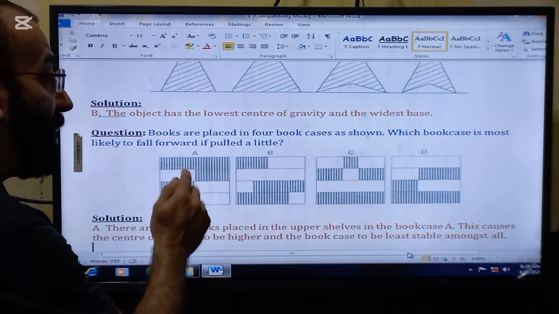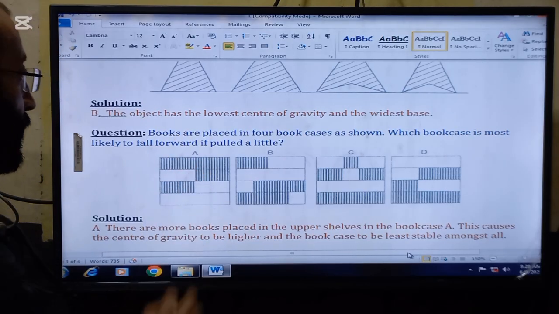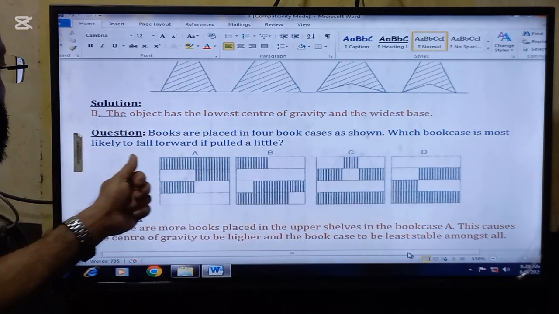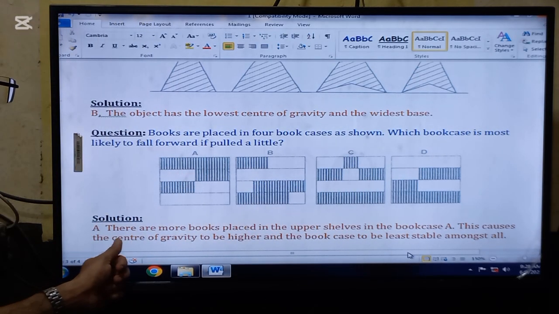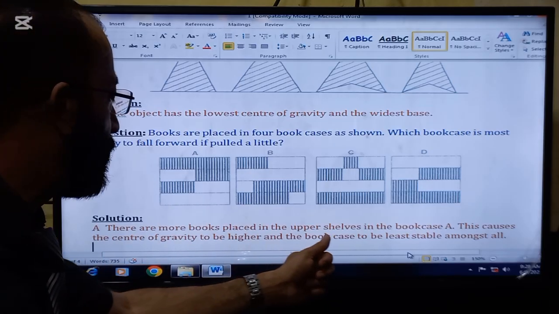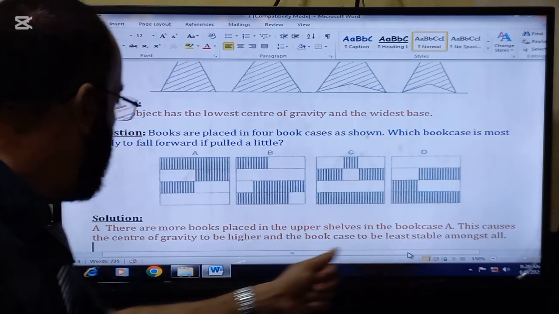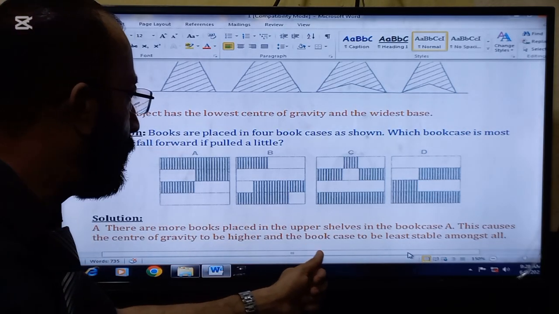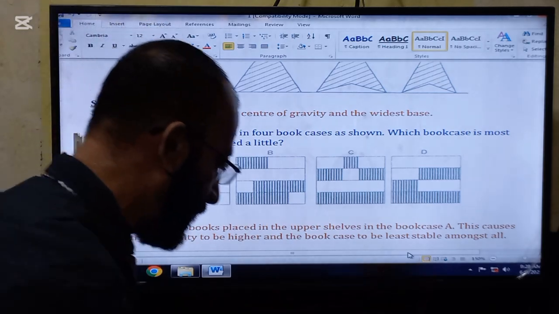So this will be in the most unstable position. Because the question was which bookcase is most likely to fall forward. So look now, more books are placed in bookcase A, in the upper shelves. So this causes the center of gravity to be higher and the bookcase to be least stable among all.